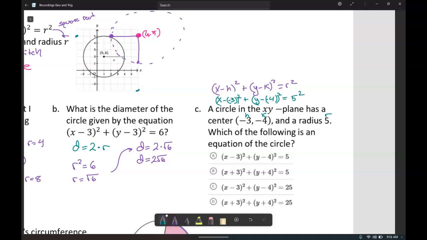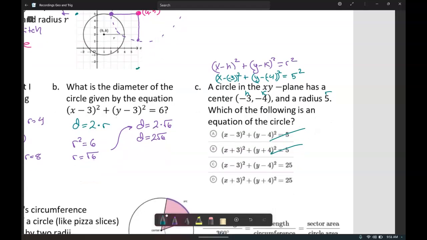Well, 5 squared is easy. That's going to give us 25, so we know we can eliminate those two options. And then because of the negative, we're going to have a sign switch, leaving us with x plus 3 and y plus 4. So our circle is circle D.